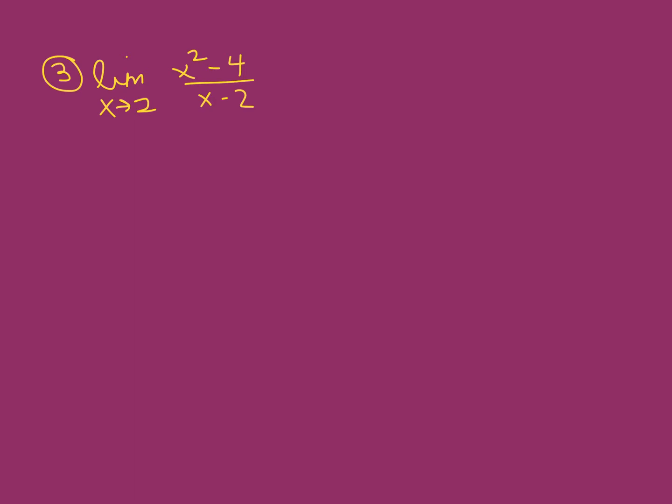I'm going to start by graphing it, just because I think having a visual is really helpful for this type of thing. So let's do it by graphing. That's our first method. So if you graph this, this is a rational function.